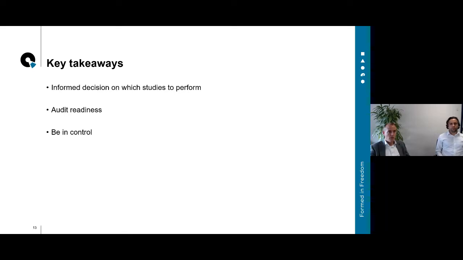So also, for example, have your print screens in order, have all your documentation in order, know that you have consistency between your old study and your new study, and know why certain choices have been made, also if questions come up. And then be in control, and that basically happens when you made that informed decision and you have solid benchmark studies, then you know, well, if questions come, I can answer quite easily, and no issues to be expected.